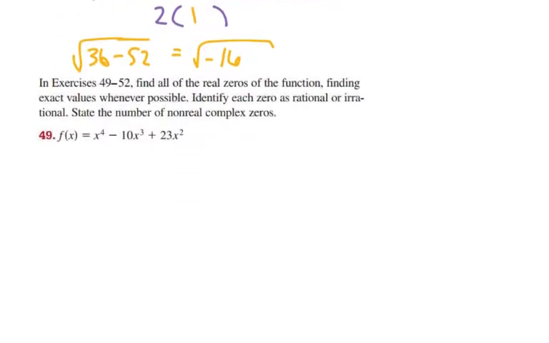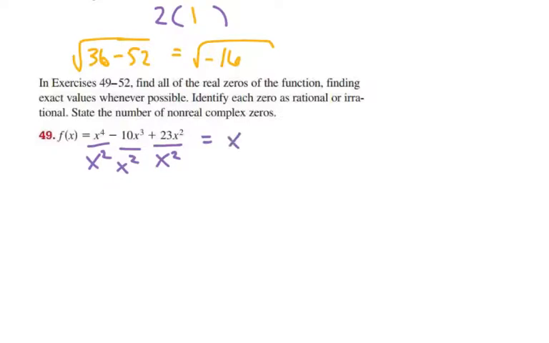Alright. Then in number 49, we need to find all the real zeros of the function, finding exact values whenever possible, identify each zero as rational or irrational, and state the number of non-real complex zeros. Yikes. In order to do that, I'm going to start off by factoring if I can. I can definitely take out an x squared.